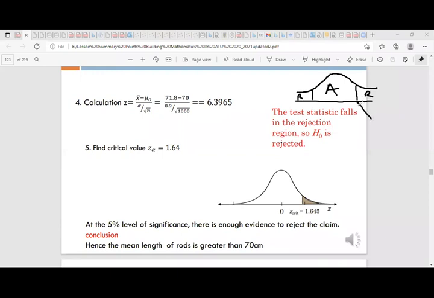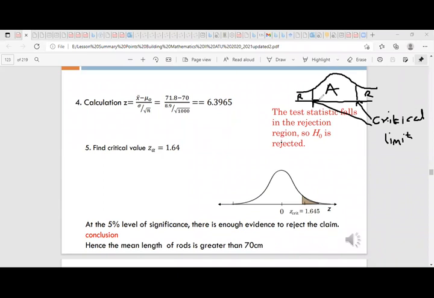Now these values, we call them the critical limits. When we say critical limit, we just mean that point which separates acceptance from what? From rejection. The point which will separate your acceptance from rejection.